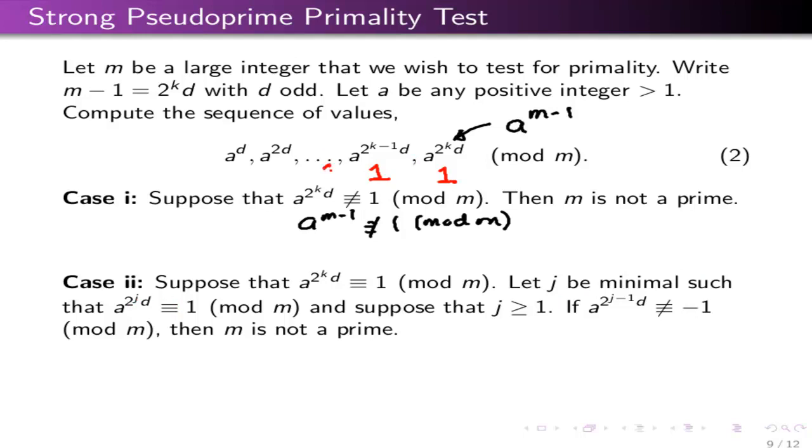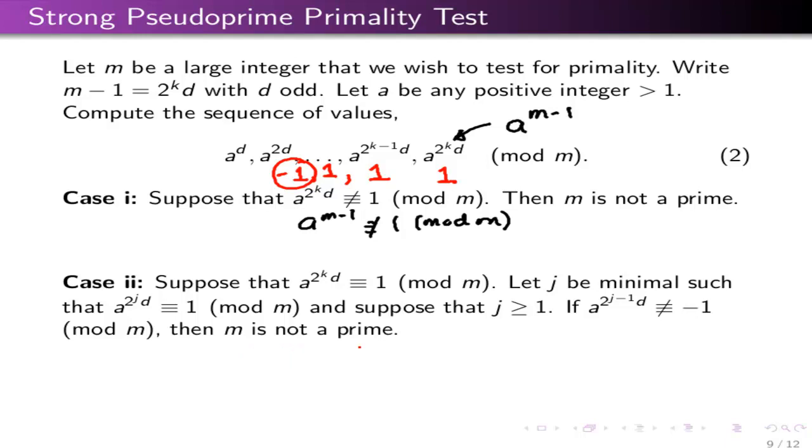So you get plus 1s all the way down the road, and then the next smallest one we want to test whether it's a negative 1. So j is going to be the smallest value where you get a plus 1. And if the next smallest one does not come out to be negative 1, right here, then we get to conclude that m is not a prime.